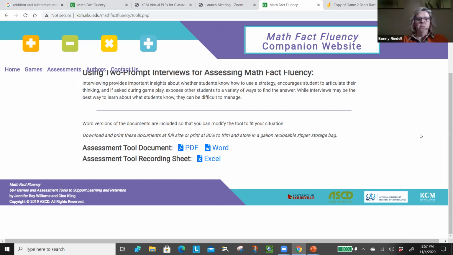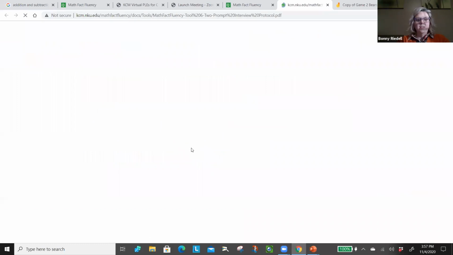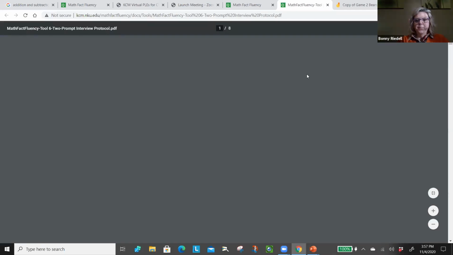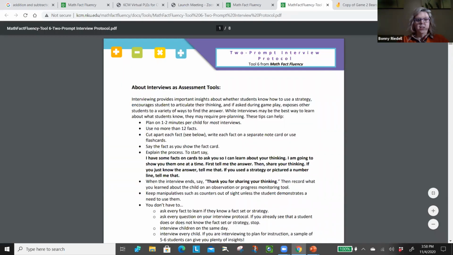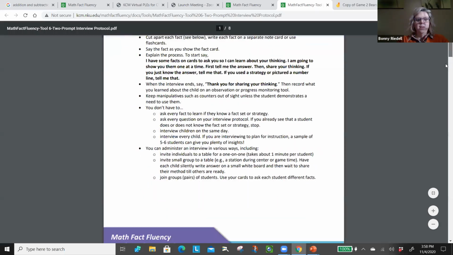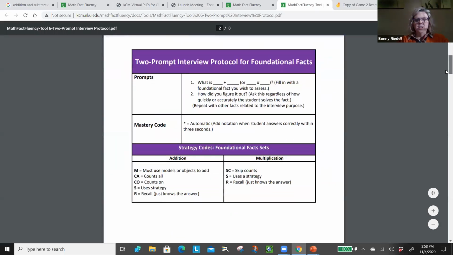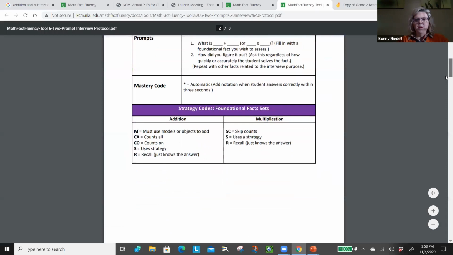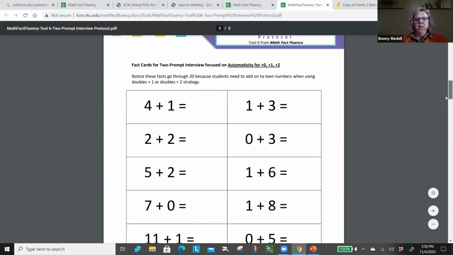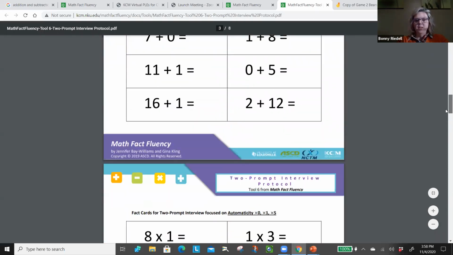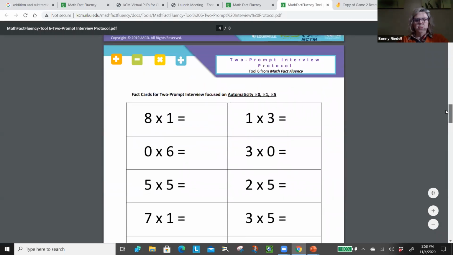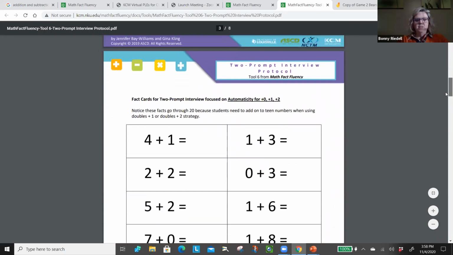What tool can I use? And there's a PDF file with an explanation of assessment tools, how to use the 2-prompt interview protocol, which is this assessment tool, and all of these cards, which you'll use to assess the foundational facts.